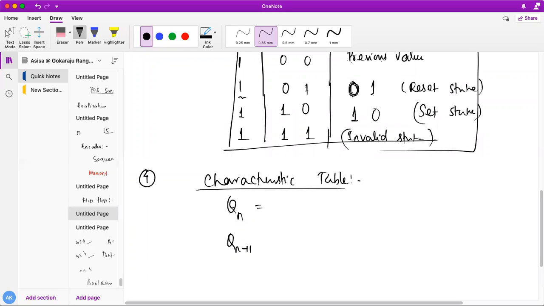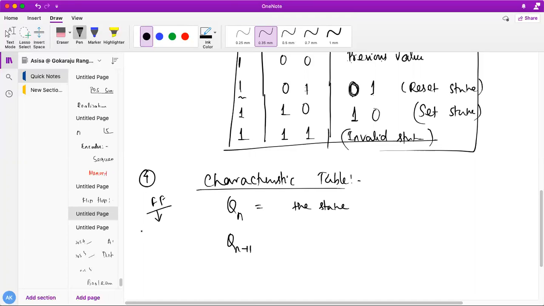We are assuming some initial state. A flip-flop always has two stable states, which is why it is also called a bistable multivibrator. Those states are 0 and 1, two states only.